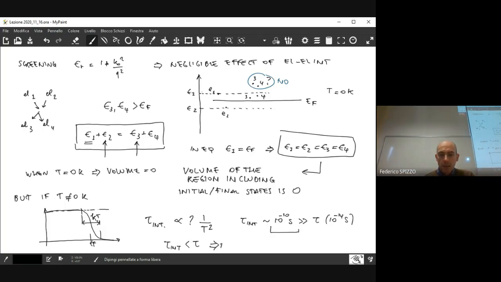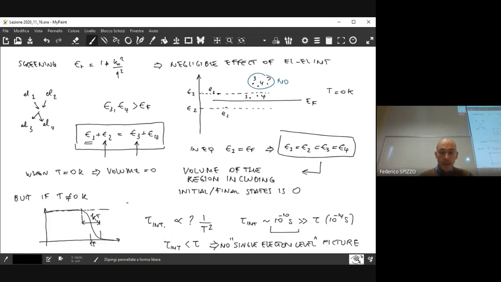So in this case, the single electron level picture cannot be applied, because all the calculations we have done up to now, let's say up to the Bloch electrons model, are calculations where we always assume that the single electron picture is fine.